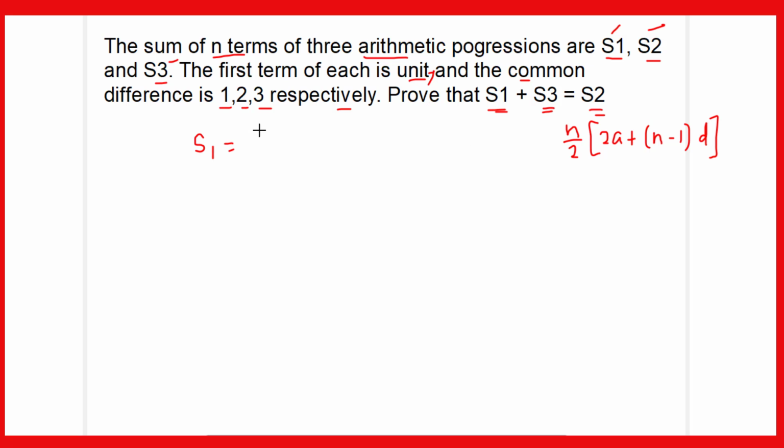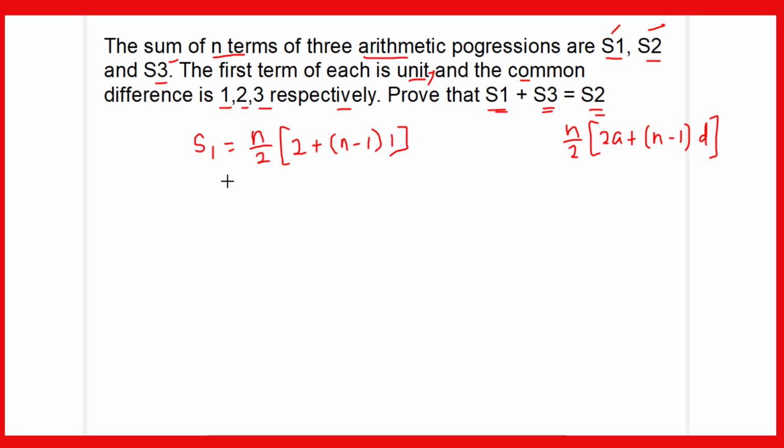So the sum of the n terms of the first arithmetic progression will be n by 2 into bracket 2a, but a, the first term, is unity, so it will be 2 into 1, that is 2, plus n minus 1 into d, and d is 1.